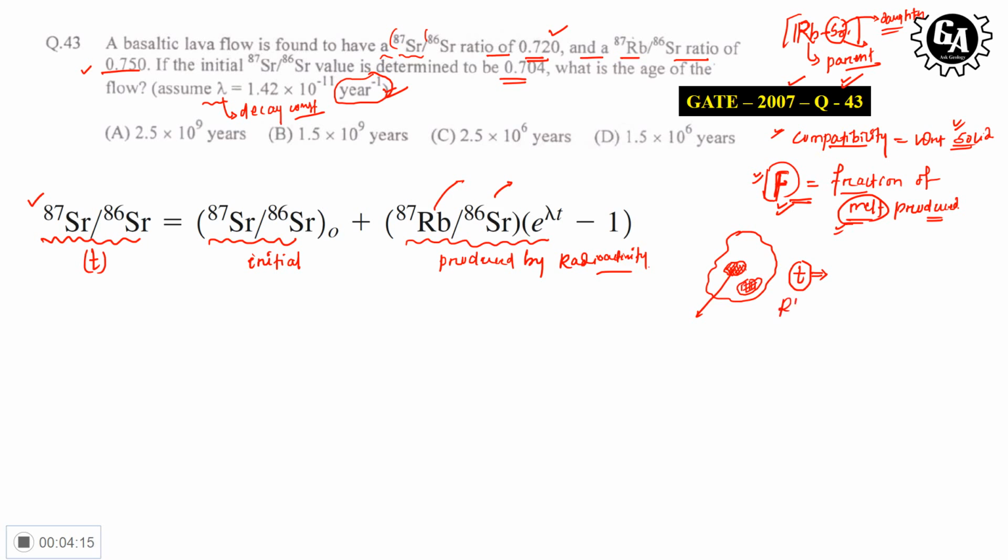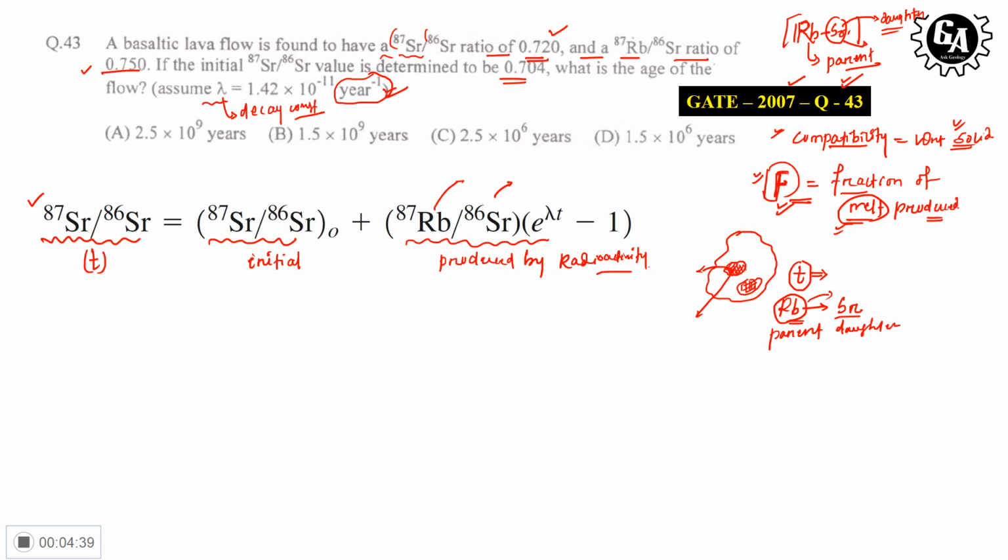Rubidium decays to form strontium. Rubidium is your parent and strontium is your daughter. So the total is the initial plus the radiogenic, produced due to radioactivity.